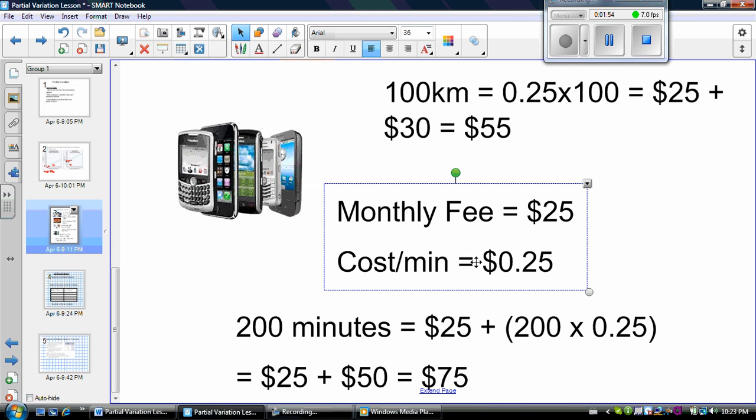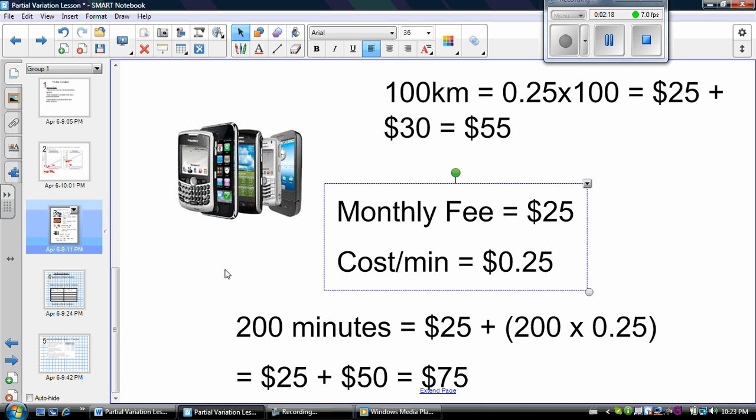And lastly, the cell phone example, we have the monthly fee of $25. That's the initial cost or the initial fee, plus the rate of change is the cost per minute. So all partial variations have that in common. They all have an initial cost or an initial fee, and they all have a rate of change.